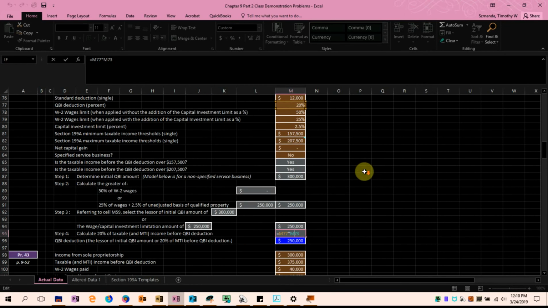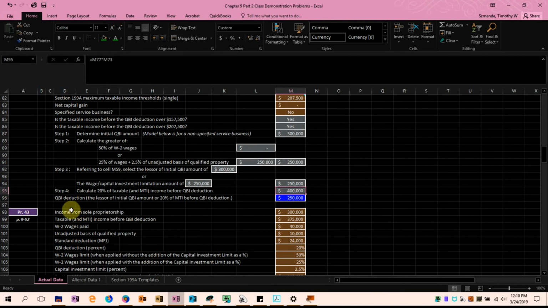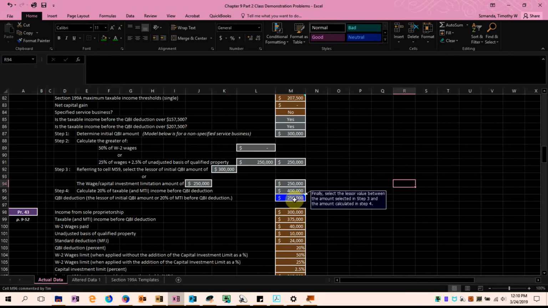So 20% of $2 million is $400,000. And the QBI deduction will be the lesser of the two. And so in this case, we're just looking at the lesser of the limitation of $250,000 or the 20% of modified taxable income, and that is, of course, $250,000.